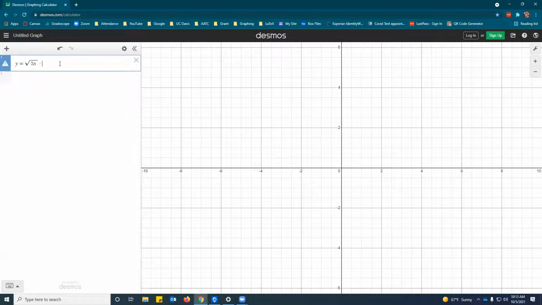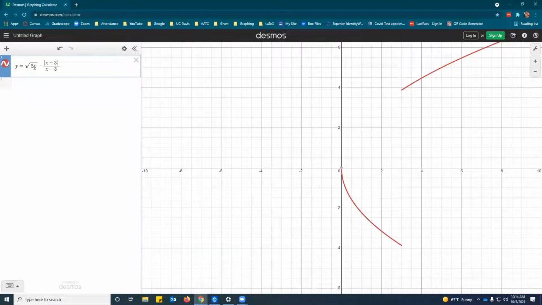Absolute value, I think you can just write ABS. Yeah, maybe not. Or I can just be smarter and actually write the vertical symbols there. Yeah, that's right. And then divided by x minus 3. This square root of 5x is in the numerator. This is written correctly.